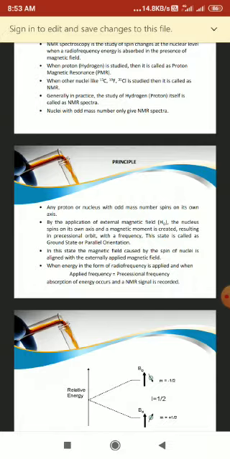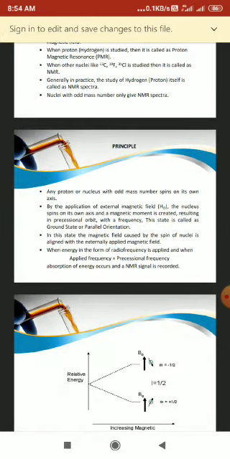The nucleus spins on its own axis and a magnetic moment is created, resulting in a precessional orbit with a frequency called precessional frequency. This state is called ground state or parallel orientation. In this state, the magnetic field caused by the spin of nuclei is aligned with the externally applied magnetic field.